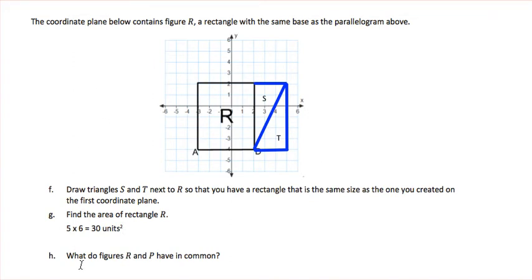And then they ask us, what do figures R and P have in common? Well, they both have the same area.